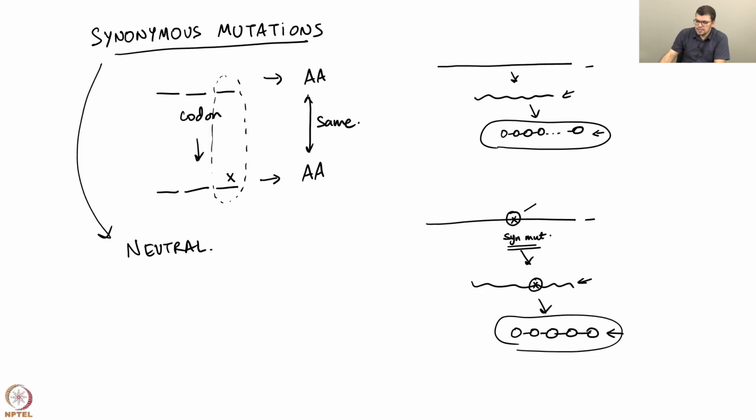However, in the last 10-15 years or so, there has been a lot of evidence which has suggested that synonymous mutations are actually not always synonymous. So, let me tell you briefly the different cases that we know of where synonymous mutations are actually not neutral, they have a fitness effect. It could be beneficial, it could be deleterious.